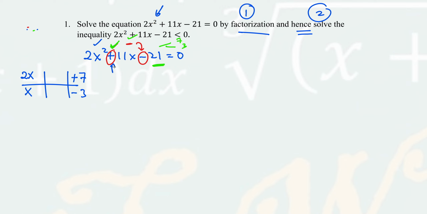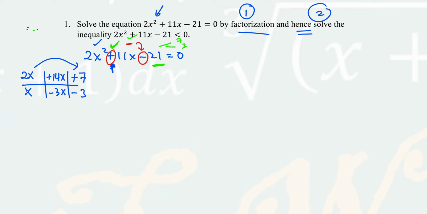Now if I remain as this, I have to make sure later on the total of the second term here will be plus 11x. So if you do this way, I will have to do expansion, multiply. 2x times plus 7 is plus 14x. Then x times minus 3 is minus 3x. For your information, after you have done this, how do we check?